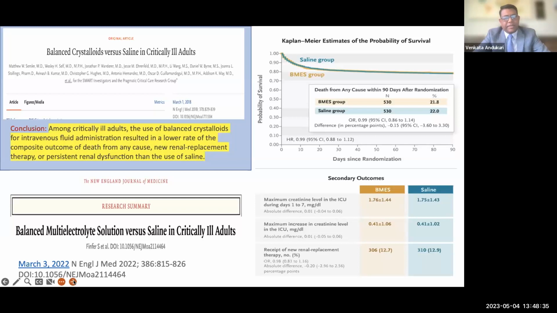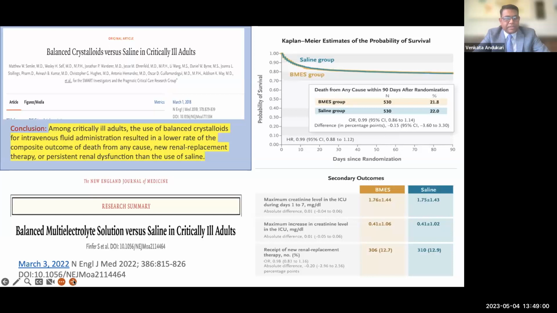So the first study that essentially changed the guidelines was the one in March of 2018, where they said the use of balanced crystalloids for intravenous fluid administration resulted in a lower rate of the composite outcome of death from any cause, new renal replacement therapy, or persistent renal dysfunction than the use of saline. This was the 2018 study in NEJM.